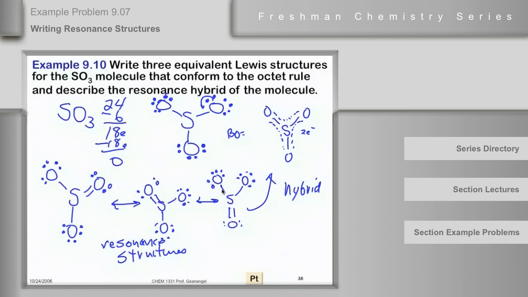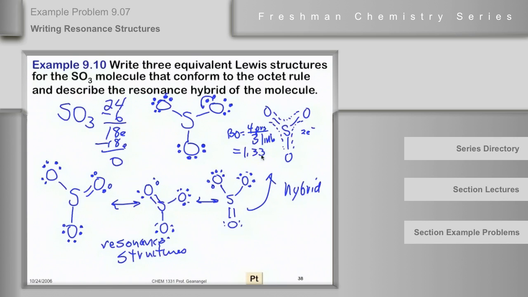I count 1, 2, 3, 4 pairs of electrons involved in the bonding. 2 single bonds and a double bond. So the bond order is 4 pairs divided by how many links? 3. I heard you say it. 3 links. The sulfur and this oxygen, and that oxygen. So the bond order is 1.33. It's 1 1/3 bond. That's even more bizarre.